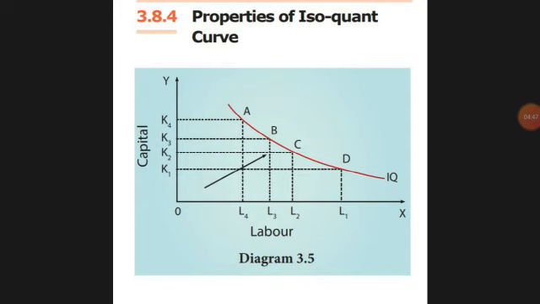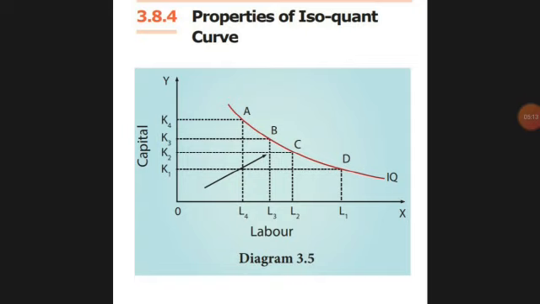See there, labor goes from L to L1, so more of it is used, but in the capital it is reducing. If one factor is used more, the other factor reduces. A refers to capital K5 and less labor; the capital is coming down and the labor L2 is increasing.